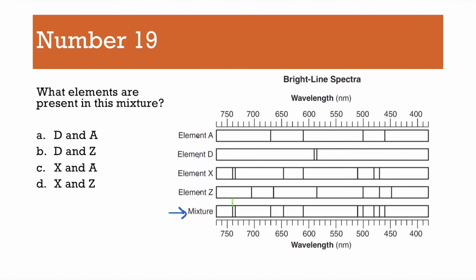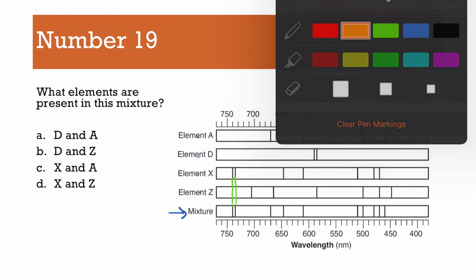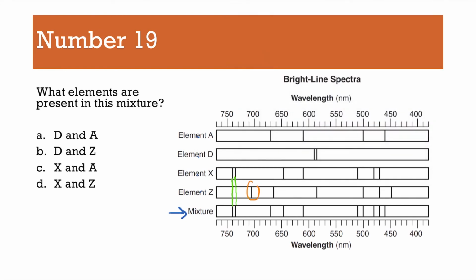So if we go up and trace it up, these two obviously came from element X. Okay. If we look over here, element Z, there's nothing here. So if element Z was in the mixture, that means this line should have been there. But because it's not, Z is a no. So we can get rid of D, and we can get rid of B.